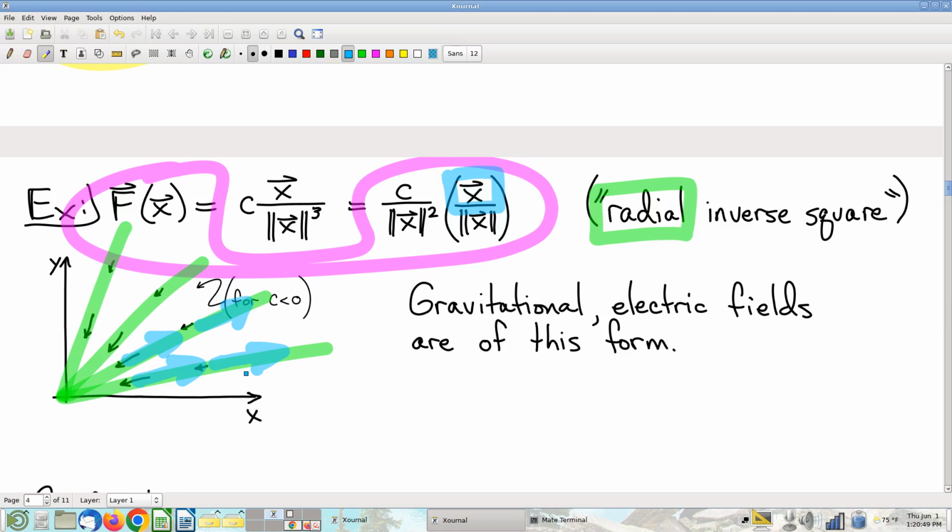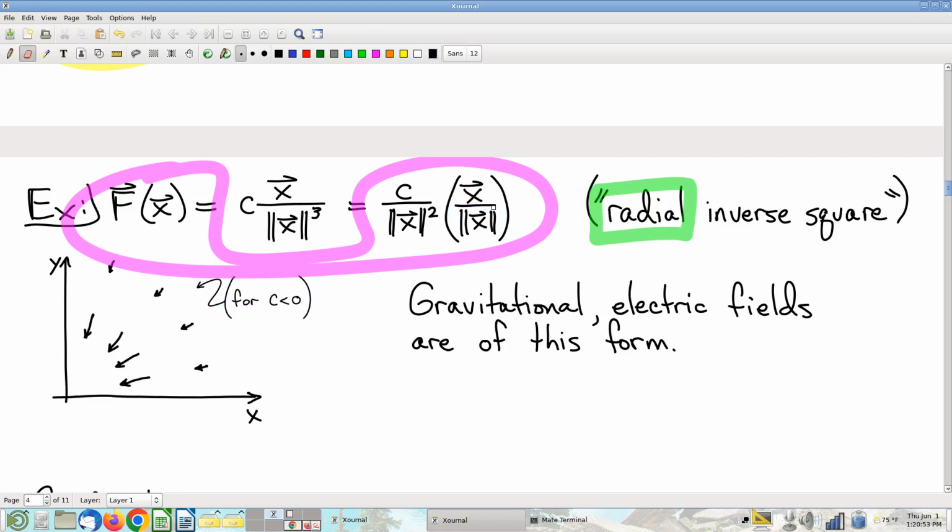The word radial actually does mean slightly more than this as well. It's not just that the field vectors point directly away from the origin. It's also that if you look at a couple of points that are equidistant from the origin, then I need for these field vector magnitudes all to be the same.